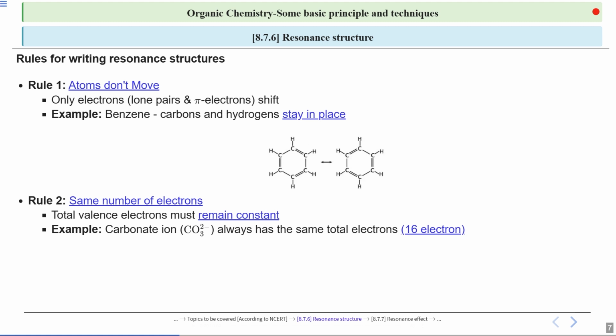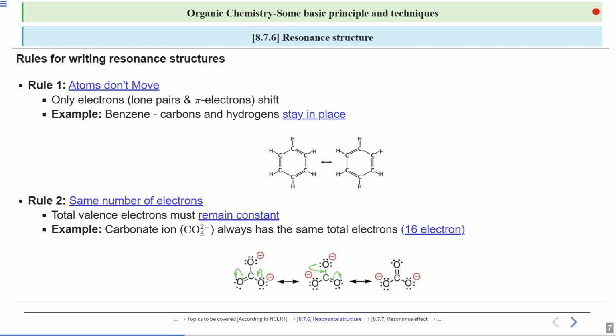For example, if you take the carbonate ion, which is CO3 2-, it has a total number of 16 valence electrons. Now, if you draw the three resonating structures of this ion, which is being drawn here with the help of arrows, going back to your previous memories, you must remember what these arrows are representing.